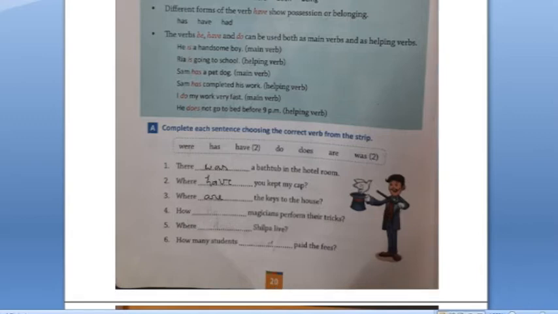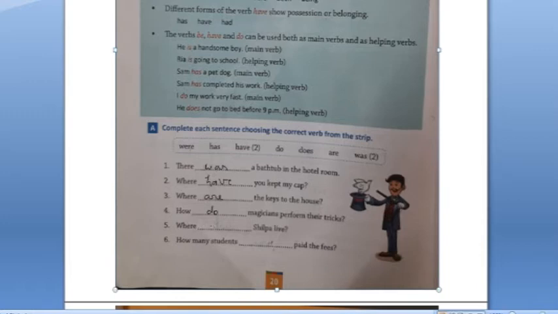And fourth is, how magicians perform their tricks. So how do magicians perform their tricks. So here we have to fill do. And the fifth is, where Shilpa live.